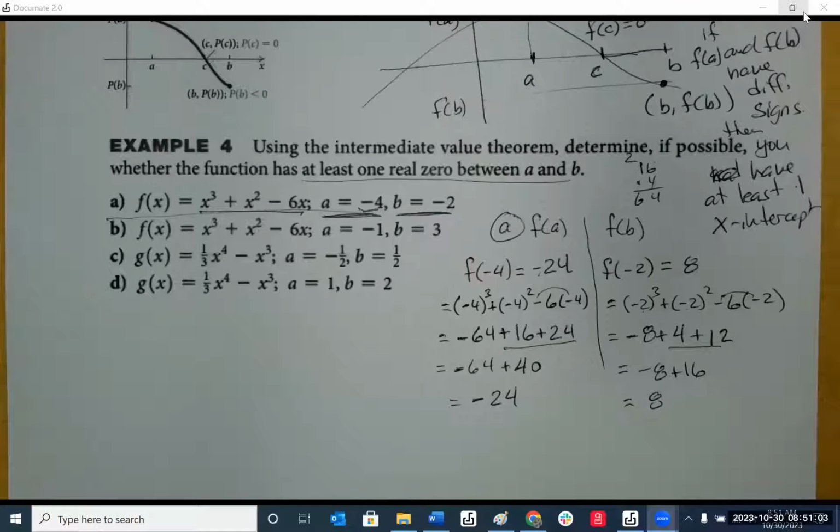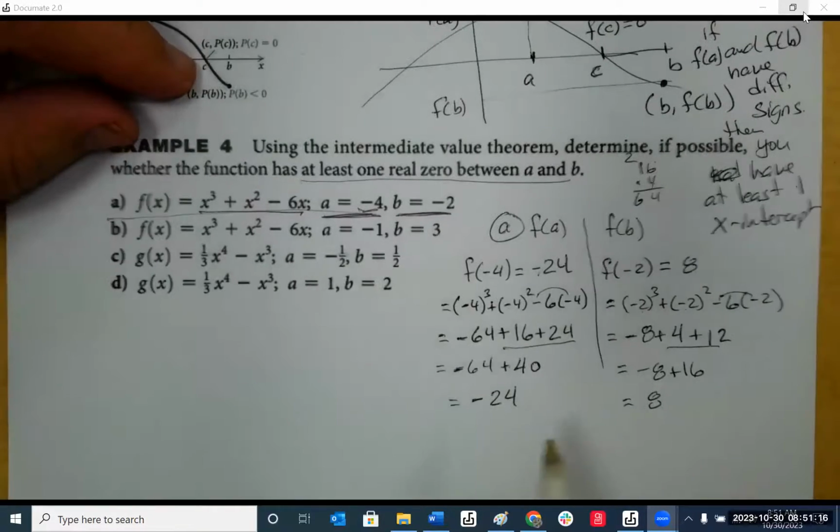And we can figure out what that is too, but that's not what it's asking. Well, let's go ahead and find it. Let's go ahead and prove it.